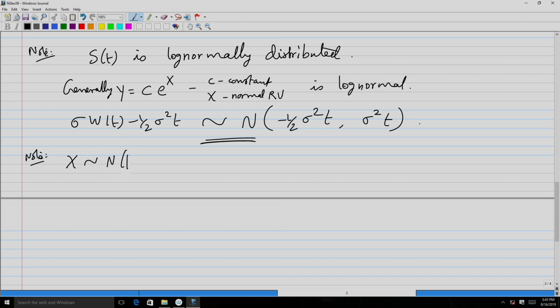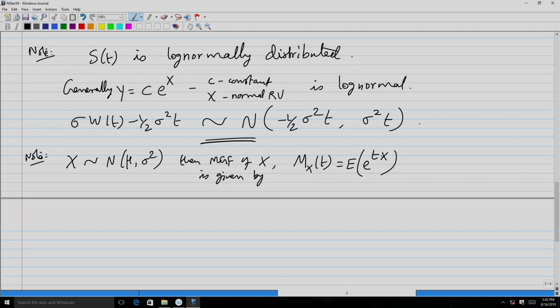If X follows normal mu sigma square, then the MGF of X, which we call M_X(t), is given by M_X(t) equal to the expectation of e to the power tX, which equals e to the power mu t plus half sigma square t square, for all t in R. This is one of the important expectation formulas that we might use.